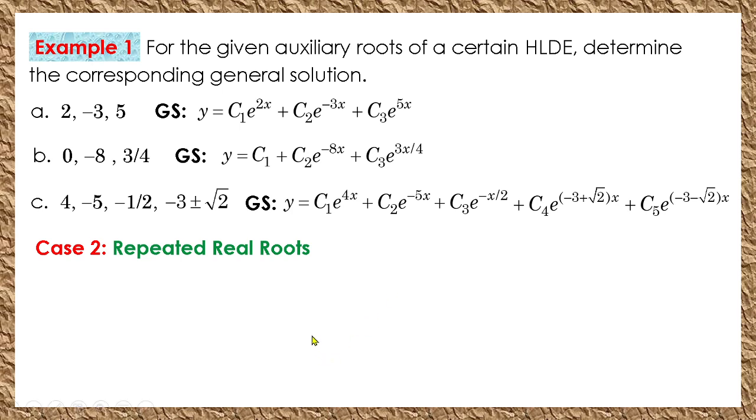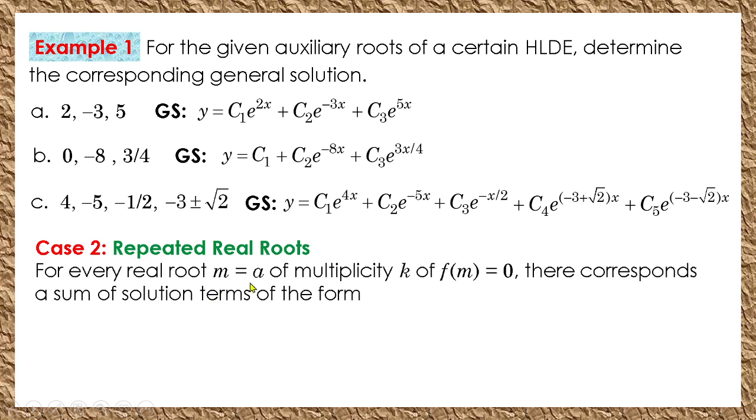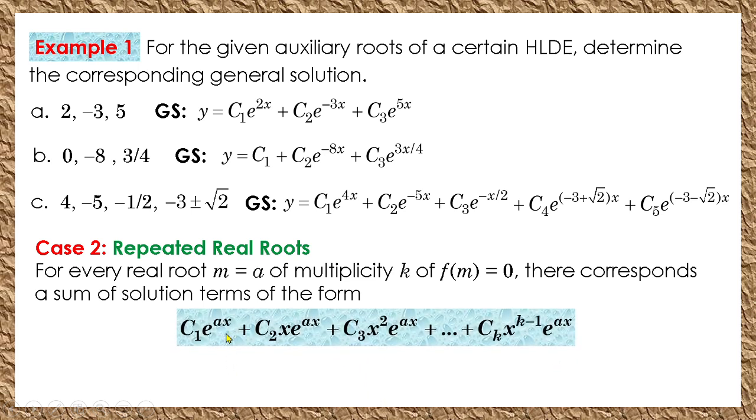Or 2 times. So for every real root, m equals a of multiplicity k, meaning repeated k times, 2 times, 3 times, 4 times, that you can get out of f of m equal to 0, there corresponds a sum of solution terms of the form c sub 1 e to the ax plus c sub 2 x e to the ax, plus c sub 3 x squared e to the ax, plus and so on, up to c sub k x to the k minus 1 e to the ax.